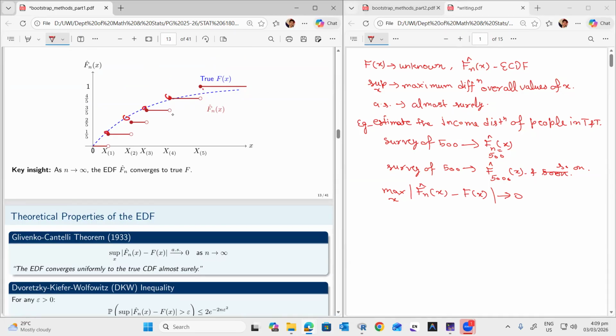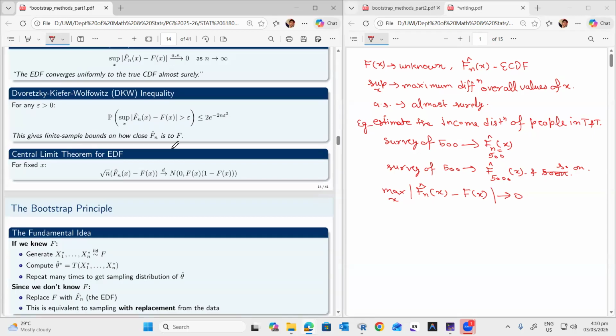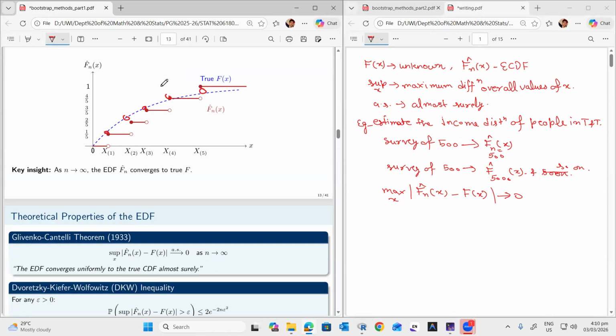But if you increase the sample size, you will not find this difference for every single value of x. With fewer observations the empirical CDF behaves like a step function, but with a large sample this step function will approach the smooth true CDF.